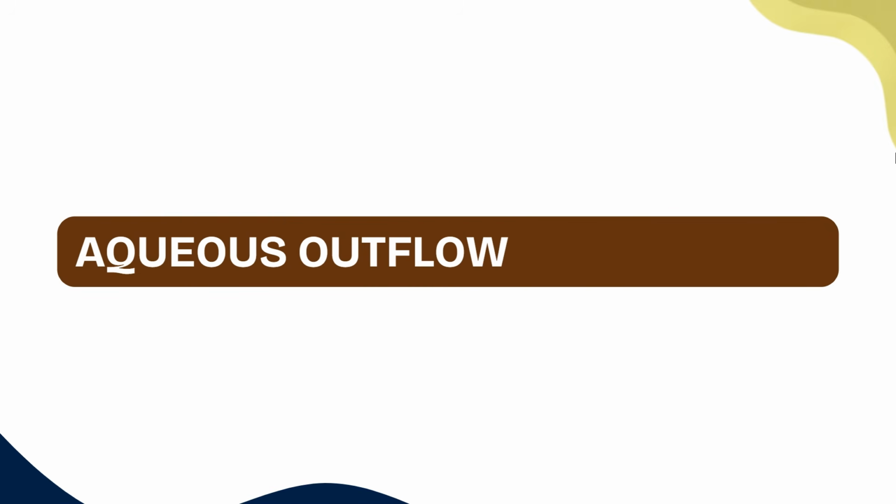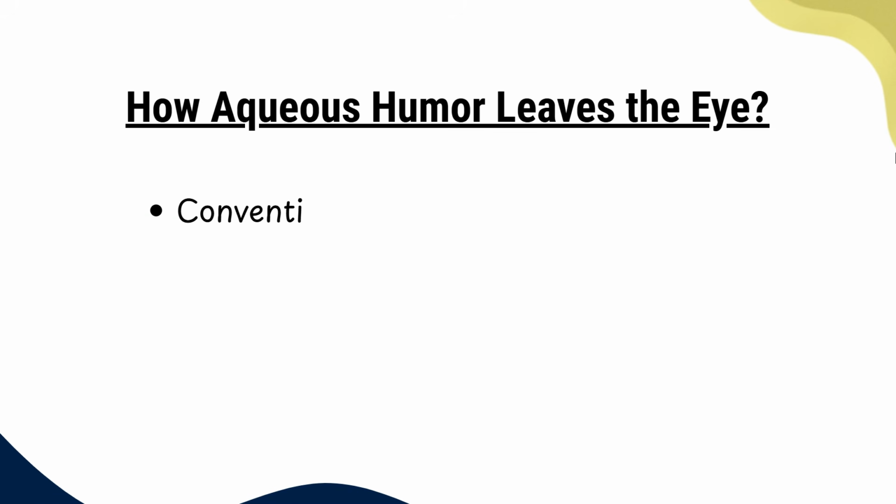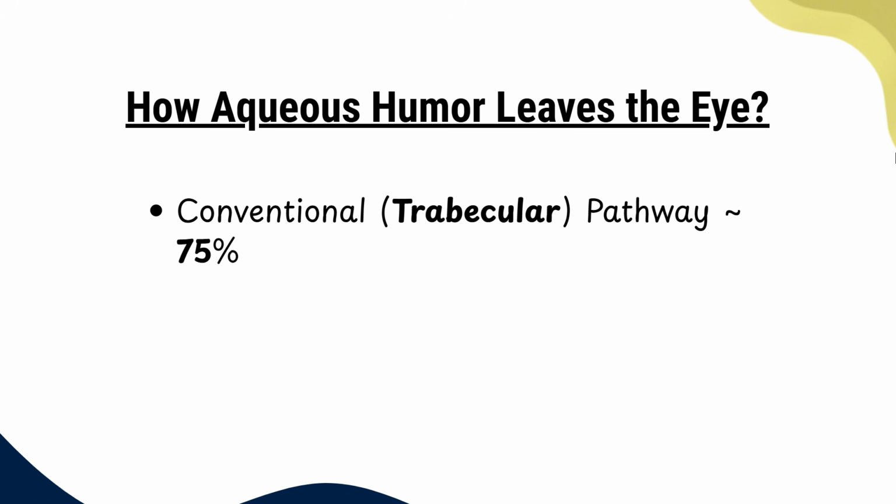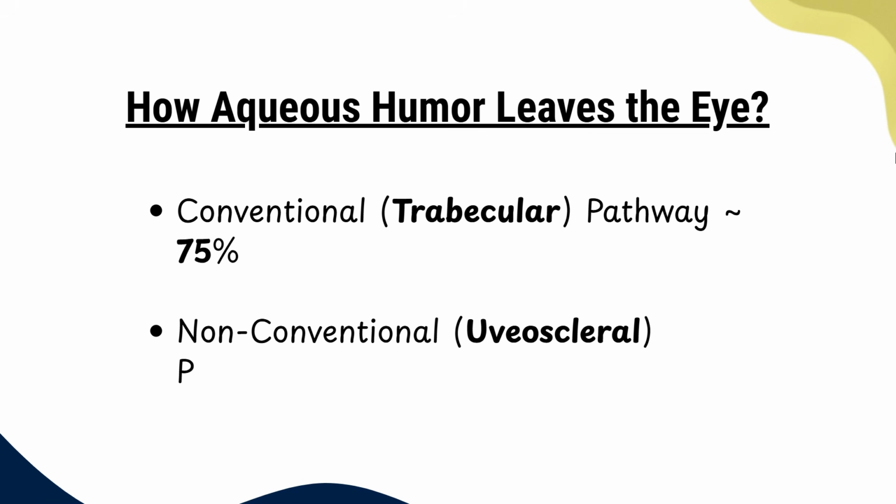Alright, so now let's finally come to the crux of the topic, and that is the aqueous outflow mechanisms. Since we discussed the trabecular meshwork, the aqueous humor exits mainly through this trabecular pathway, which is known as the conventional pathway, responsible for 75% of the drainage.